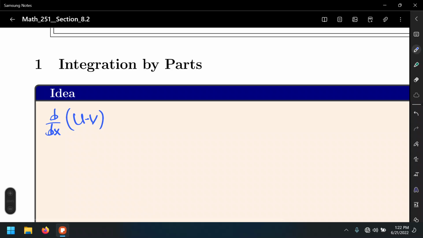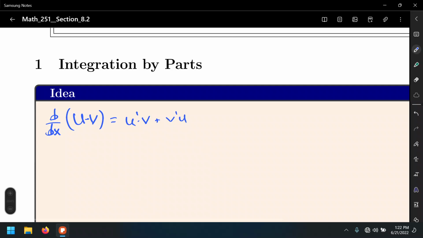That implies that we may need to do some chain rule because both u and v are functions of x. So the formula to find the derivative of a product is u prime v plus v prime u.